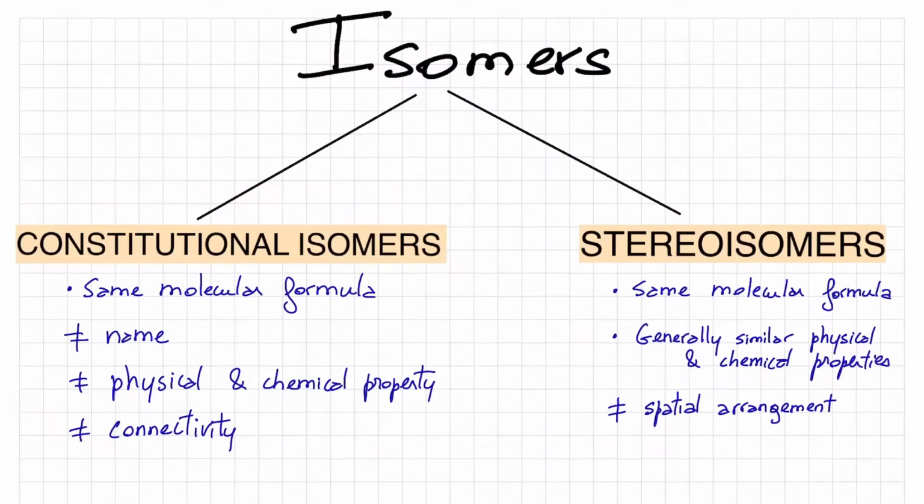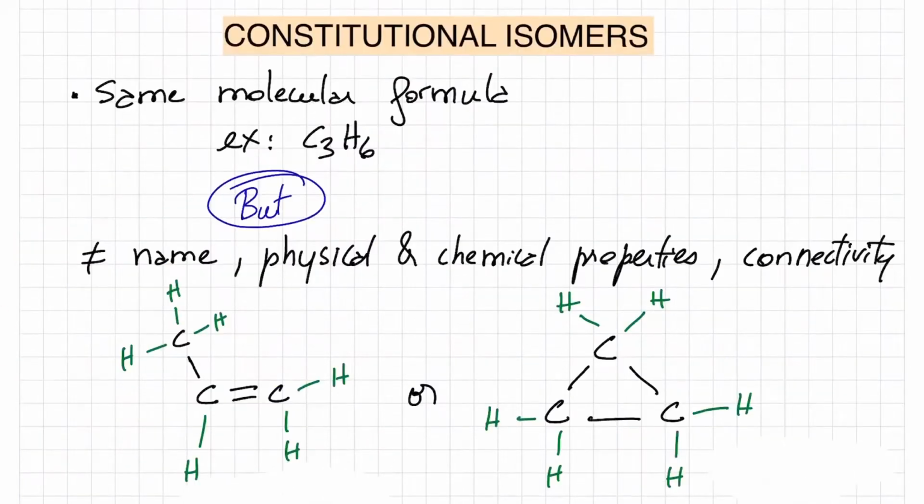First, let's take a look at constitutional isomers. Like I said before, constitutional isomers have the same molecular formula. For example, let's say you see C3H6 on your exam. There are many ways to write C3H6.